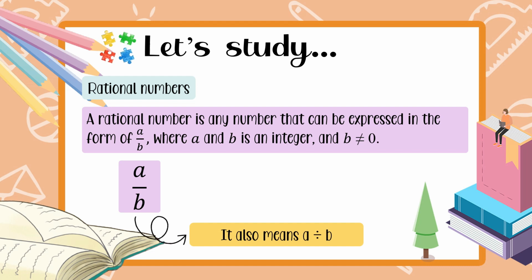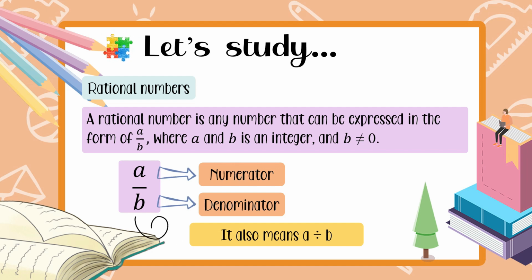So, kapag hindi integer ang sagot sa division, ang sagot dito ay tinatawag natin na rational numbers. As you can see, a over b para siyang fraction. And actually, it's a fraction, where a is called the numerator and b is called the denominator.